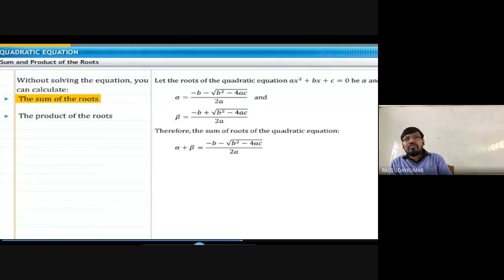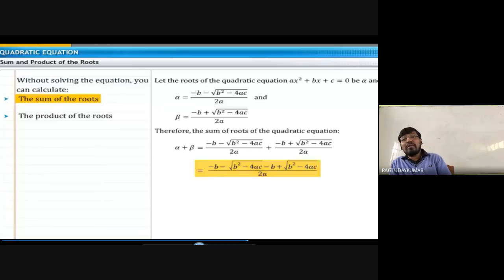The under root of b square minus 4ac will be cancelled because one has minus and the other plus, so you are going to get minus 2b by 2a. The 2 will get cancelled, so minus b by a. So the sum of the roots of the quadratic equation is minus b by a.